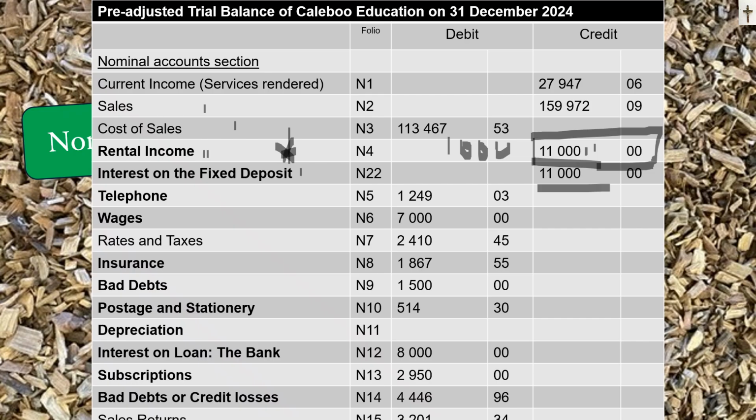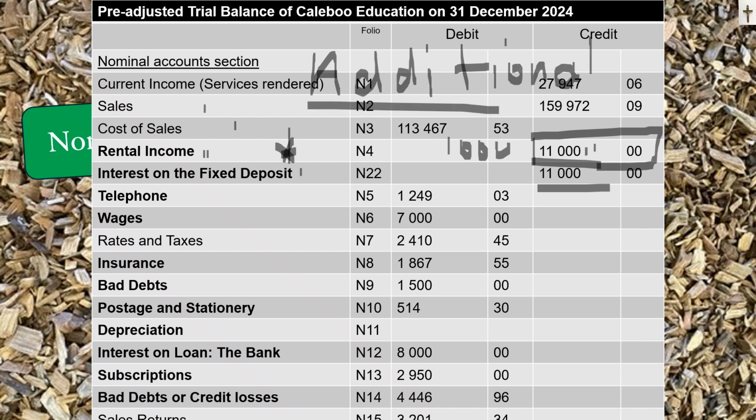I know this because in a question you will get additional information telling you more about the accounts that need to be adjusted. So the information will be given to you, and then you're going to have to adjust the accounts accordingly, according to accounting principles, those accounting principles that I just touched on, in order to fairly reflect the correct numbers.